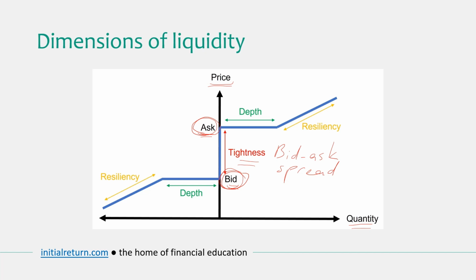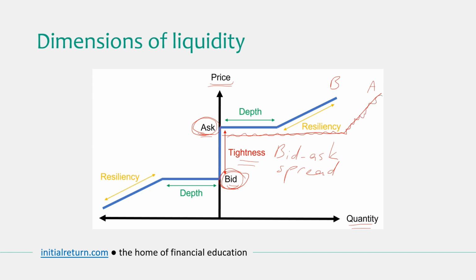To give you an example, if we had another stock which looked a bit like this, going out further and then up, this stock, let's call this A, would be more liquid than B, because at the same ask price, this has more quantity available before the price starts to increase.